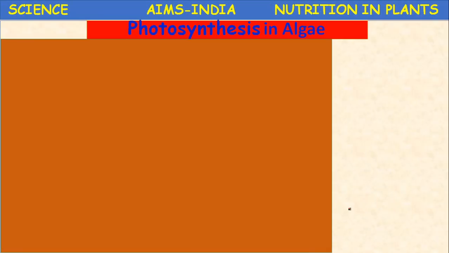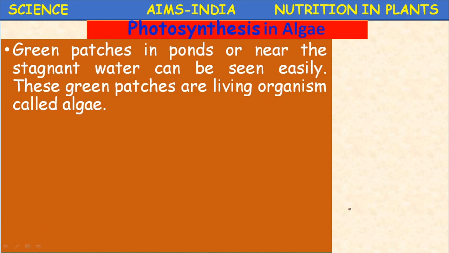Okay, let us proceed, children. Photosynthesis in algae. Algae, where do you find the algae? Algae are green organisms. They are present in the form of a layer in the stagnant water like ponds and ditches.